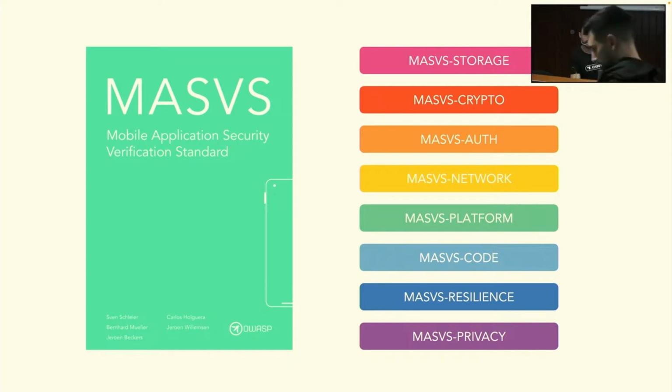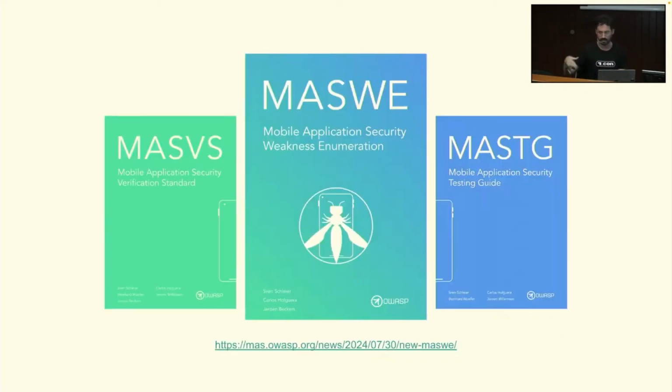The requirements it presents are very simple and very high level, but they get refined later in what you see here, the MASWE, which is the weaknesses enumeration. If you know CWE, which probably many of you don't, it follows the same concept, describing weaknesses at a higher level, but not as high as the MASVS. So this gets a bit more specific.